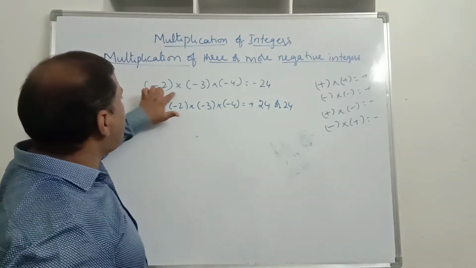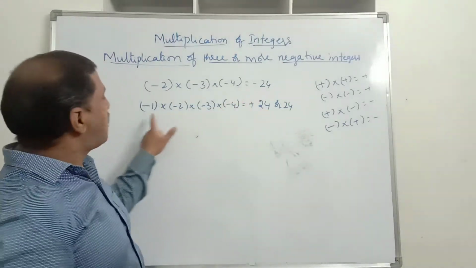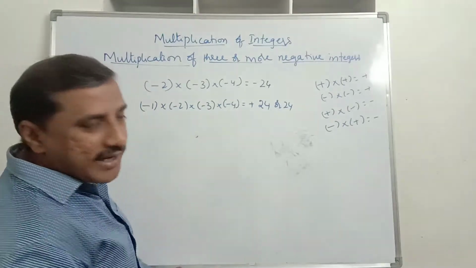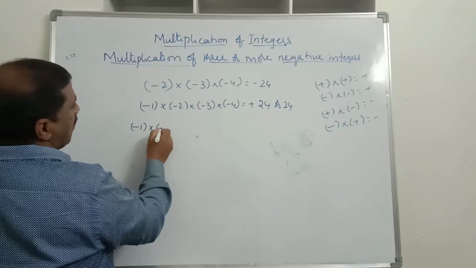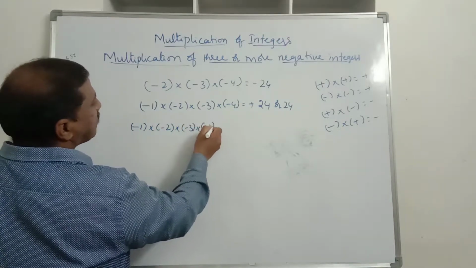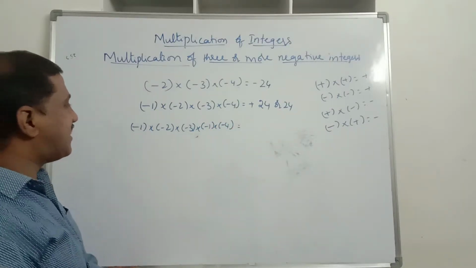See, with 3 negative integers, we got a negative integer. With 4 negative integers, we got a positive integer as the product. Now we will take 5 integers. Minus 1 into minus 2 into minus 3 into minus 1 into minus 4. Now I have taken 5 integers.